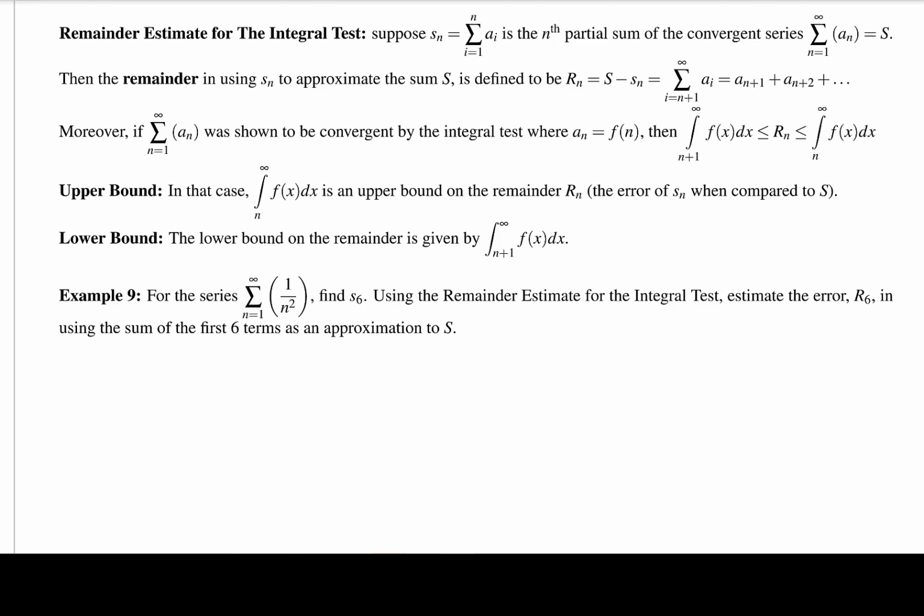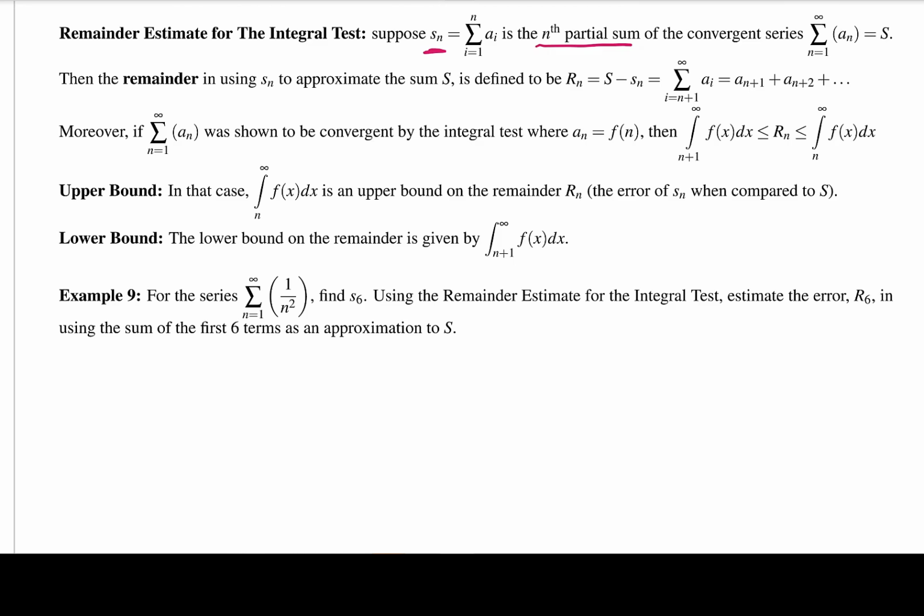So the remainder estimate for the integral test says that if we have S sub n, where S sub n is our nth partial sum of some series that we know converges, right?